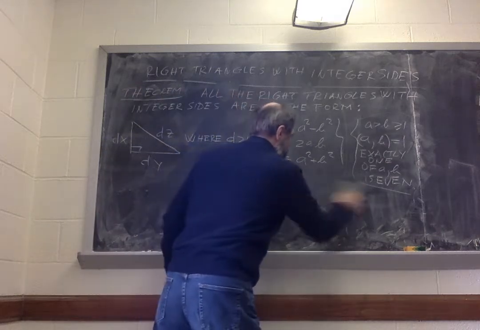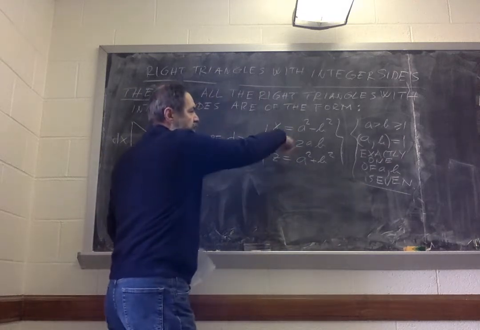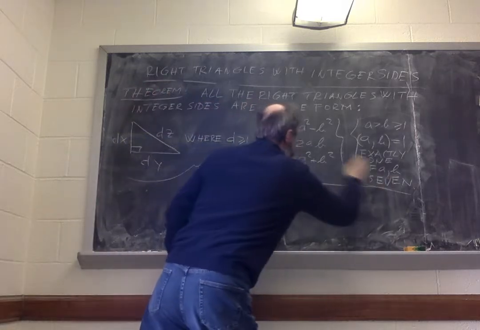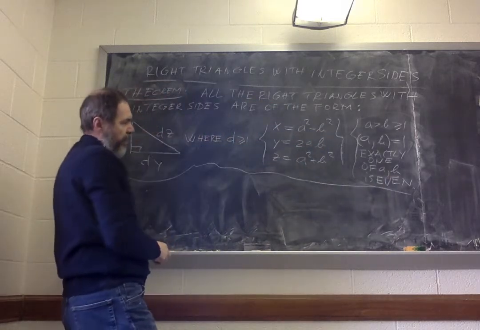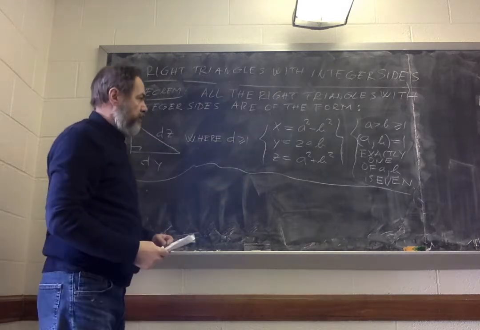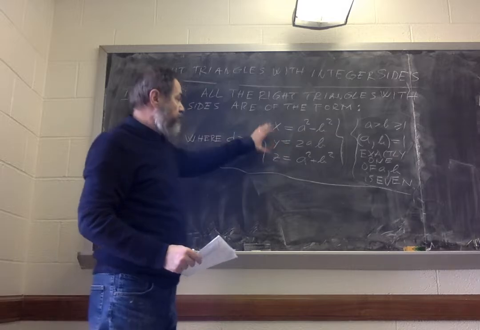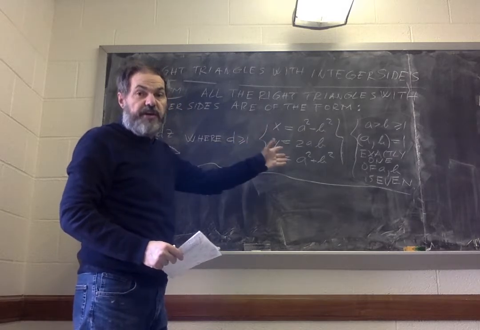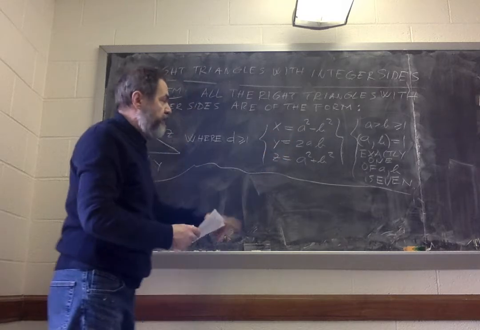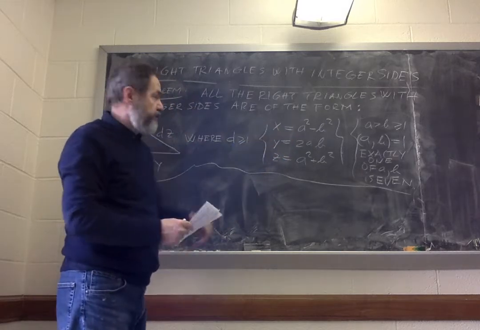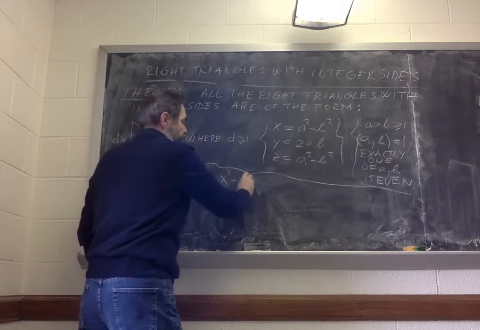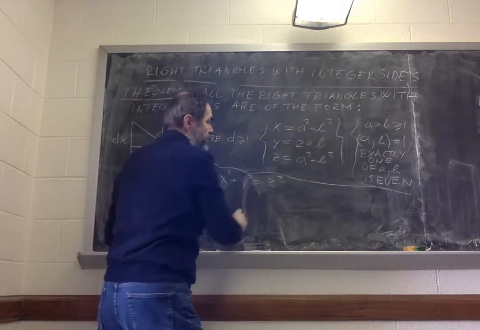Another thing, why does this work? Well, this is easy to see. Why does this always give a right triangle, and of course the numbers are integers, so with integer sides? Because it satisfies Pythagoras theorem. I need to check x squared plus y squared equals z squared.